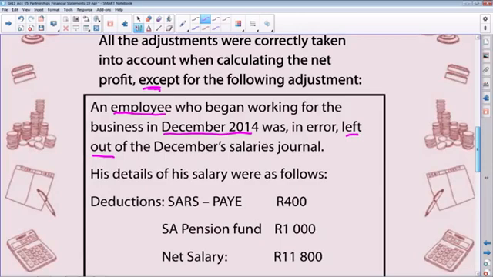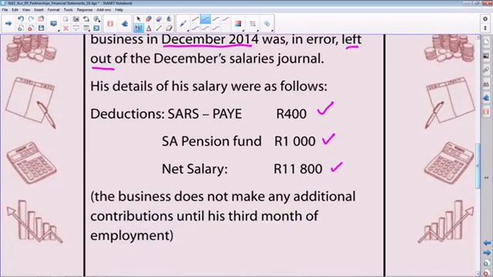Deductions: SARS PAYE was 400 Rand, SA pension fund an amount of 1,000 Rand, and his net salary 11,800. The business does not make any additional contributions until the 3rd month of employment, so we don't have to worry about additional contributions.